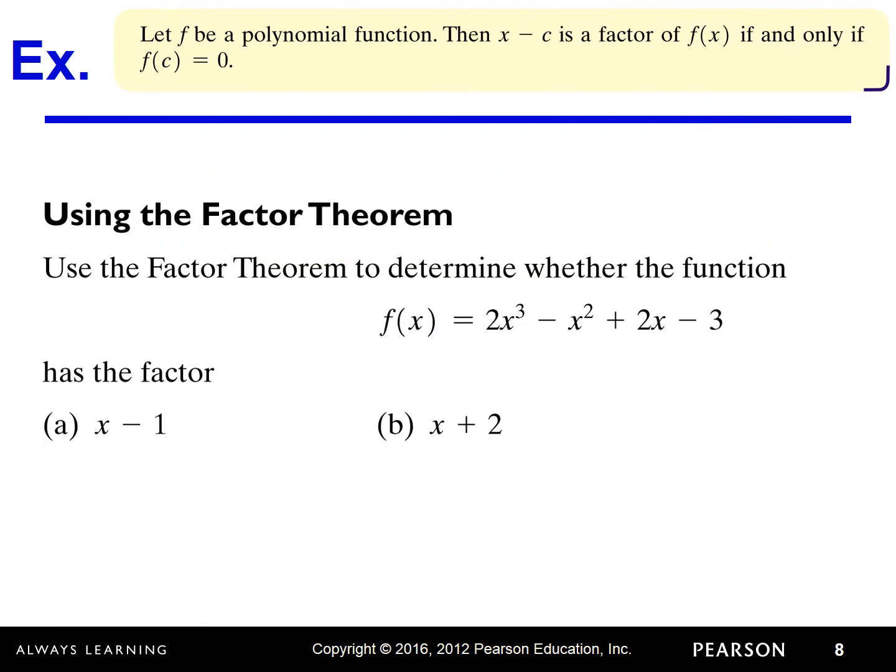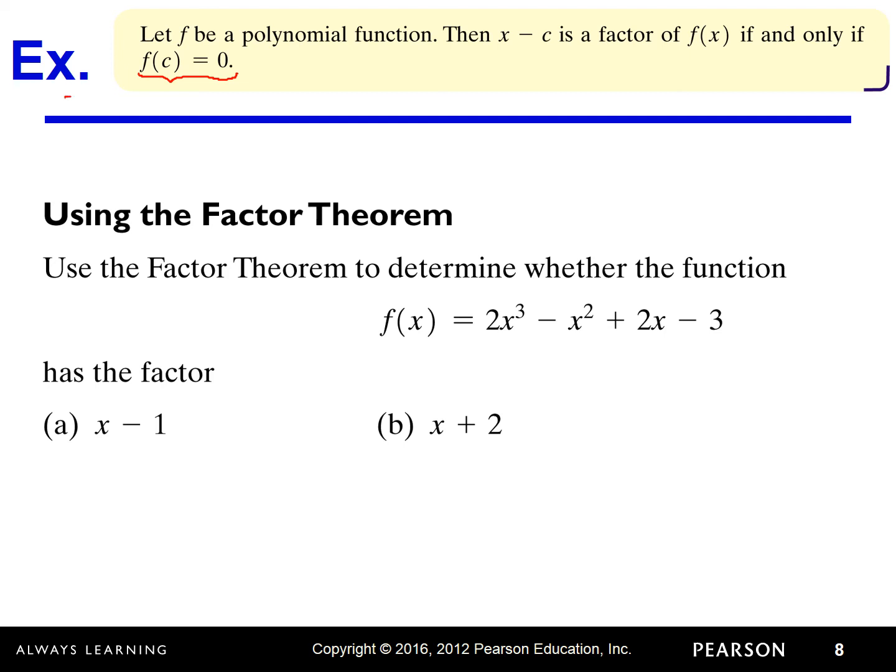Using the factor theorem. Use the factor theorem to determine whether the function... Oh, I wanted to say one more thing before we get to this problem about the factor theorem, which I have in the upper right of this slide. What does this part say, really? F of c equals 0. That means that c is a 0 of f of x.